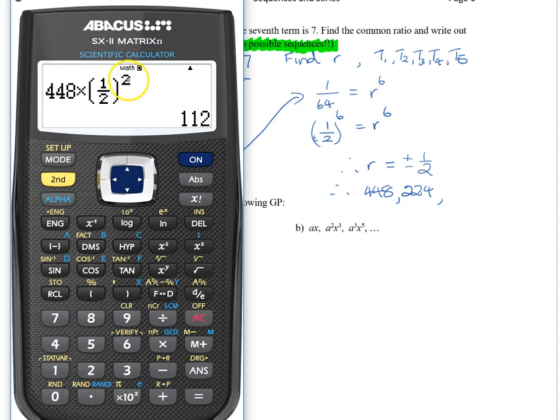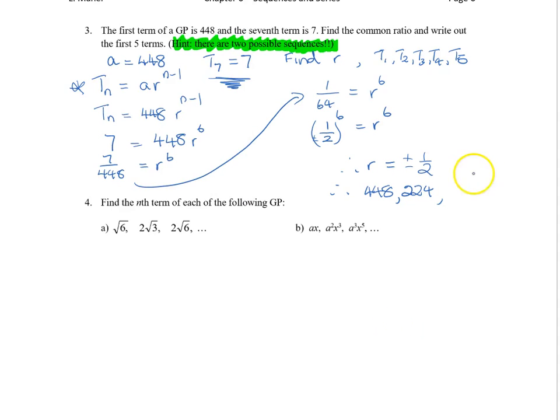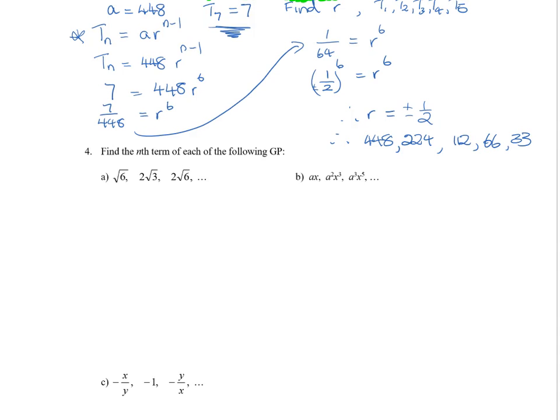And you can just keep changing your power there without rewriting the whole sum. Or you can just keep halving the numbers, probably easier. 112, 56, and 28. 1, 2, 3, 4, 5. I'll leave the rest and do them in class with you.